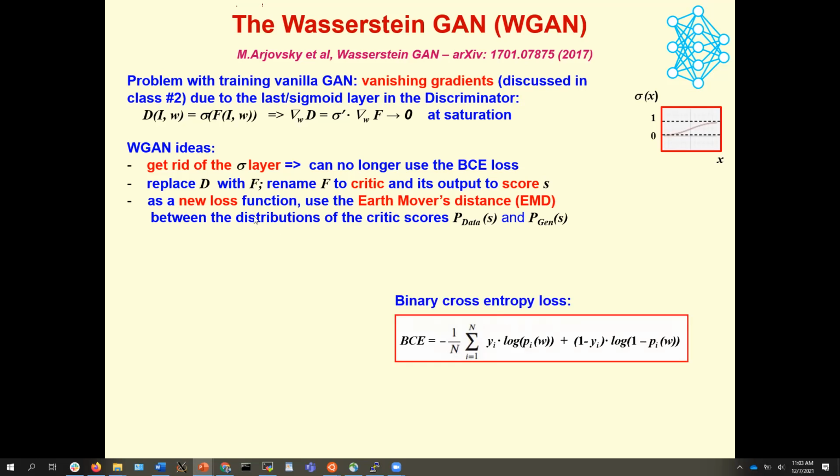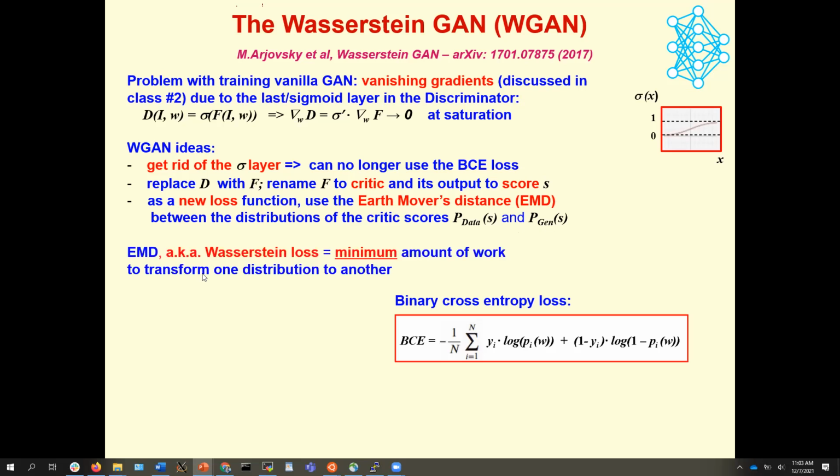As the new loss function, the authors of this paper proposed the so-called Earth-mover distance, or EMD. This is a distance between the distribution of critic scores generated on the real data and on fake data. EMD is also called the Wasserstein loss function.